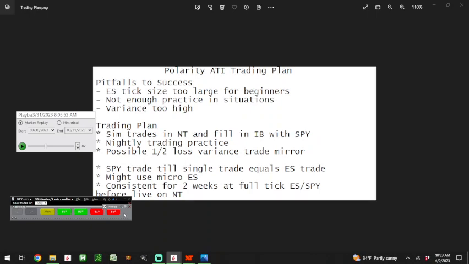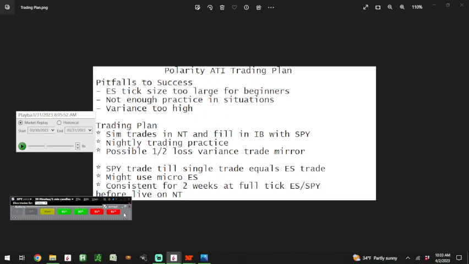Maybe as you get more and more successful, you feel more comfortable with practice and with some live trading. Then you'll go to maybe 40 cents per trade. Maybe then 80 cents per trade.